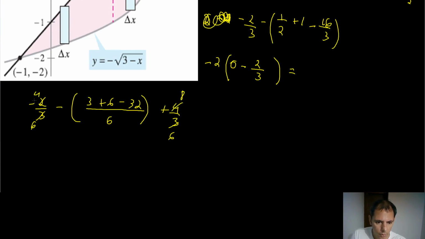Okay, so minus, well, let's do it. The whole thing is going to be a 6 in here, and now we do minus 4, right, minus 3, minus 6, plus 32, plus 8.